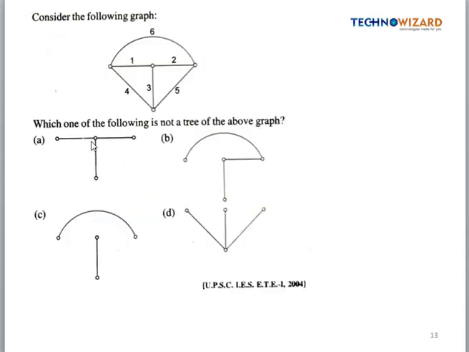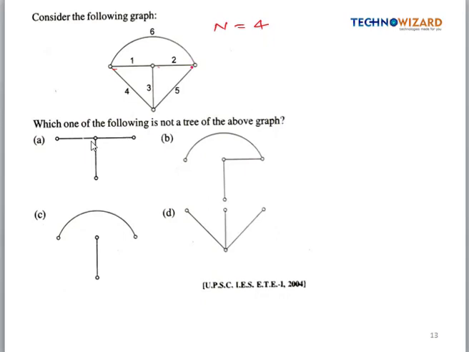Similarly, next question is, consider the following graph. This is the graph they have given, and they have also mentioned the branches. Which one of the following is not a tree of the above graph? In this graph the total number of nodes present is 1, 2, 3 and 4.